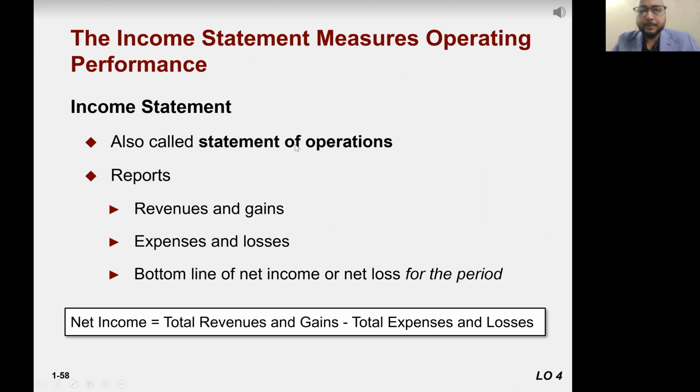So now let's start. What do we mean by the income statement and how can we measure the performance or evaluate the operations of the business? Number one, the income statement, also called the statement of operations. What is the biggest operation of a company?